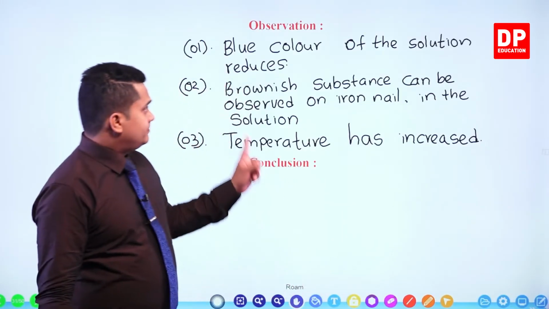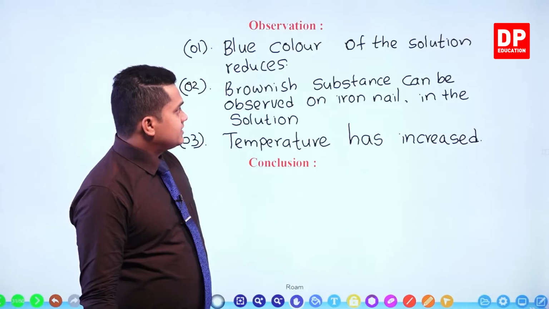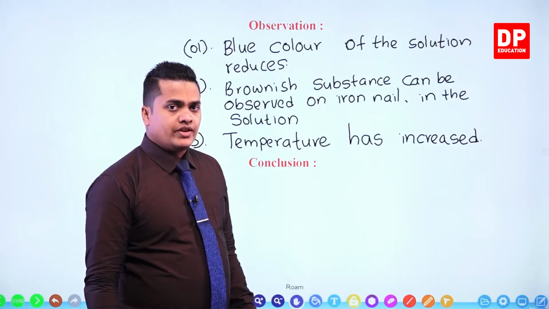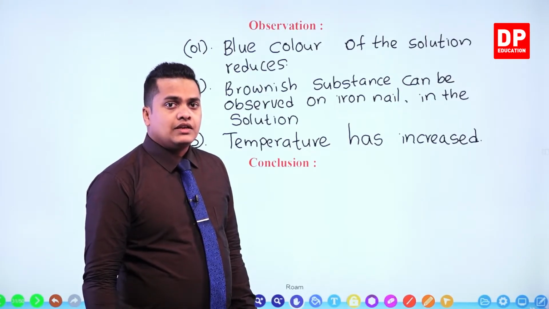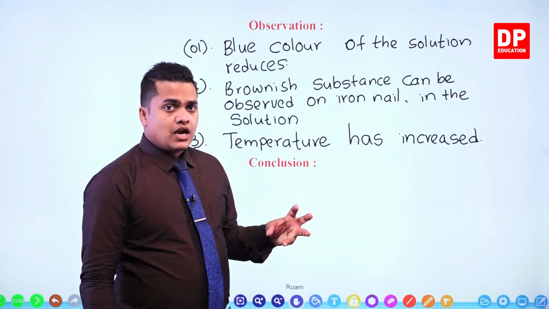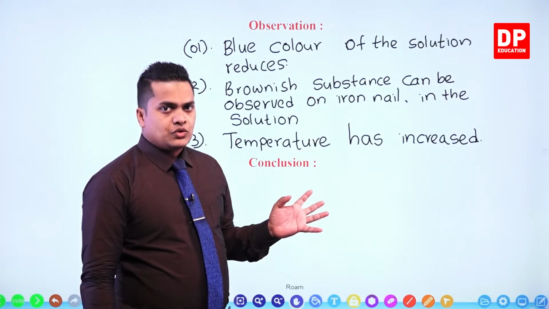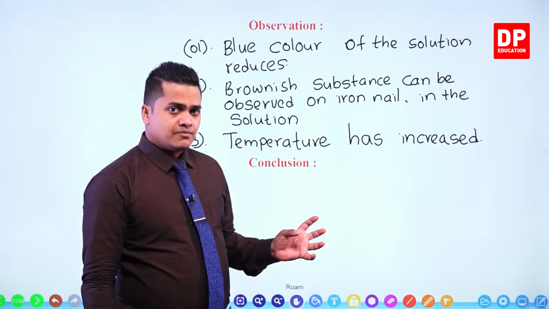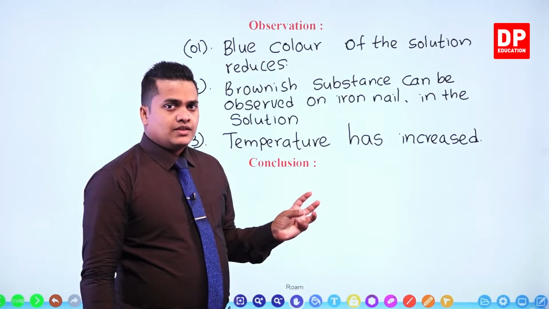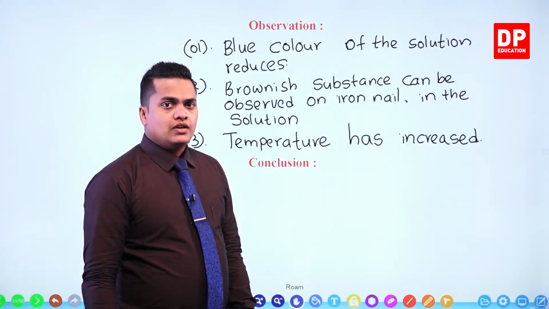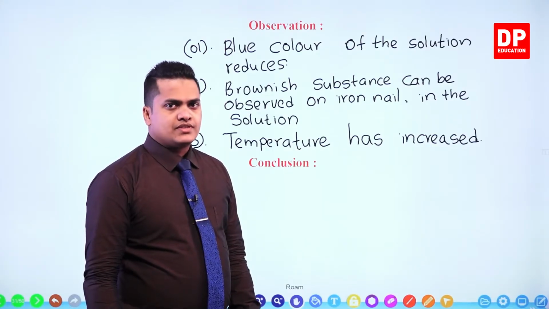Then the second observation, if a precipitate is going to occur. These are substances which deposit within a liquid without dissolving. Some kind of solid substance is going to deposit within a solution. If there is a solid substance getting deposited, then it is also evidence to show that there are new substances.